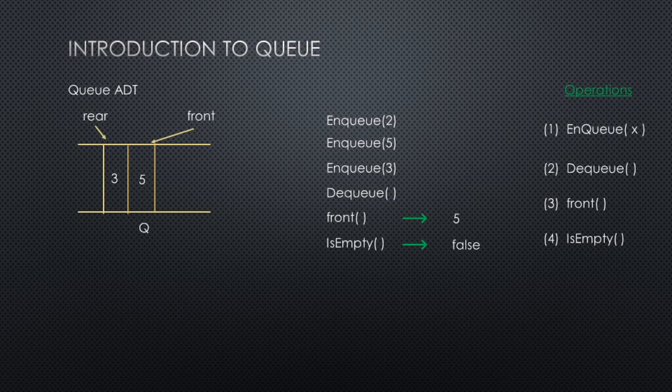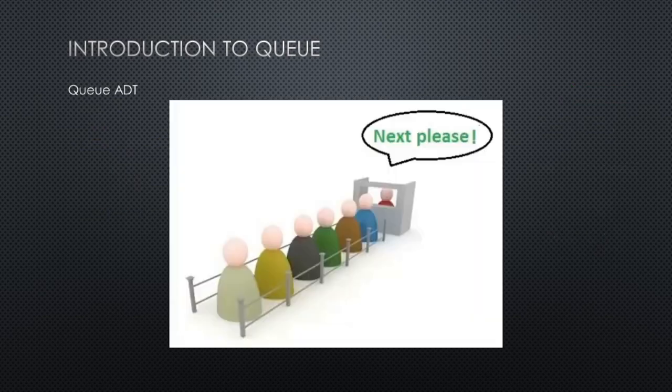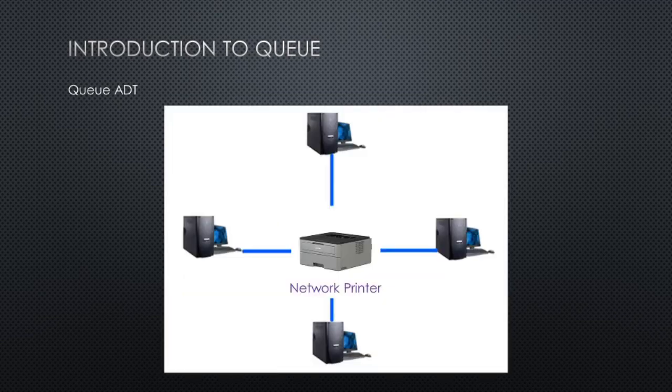Now, one obvious question can be, what are the real scenarios in which we can use queue? What are the use cases of queue? Queue is most often used in a scenario where there is a shared resource that is supposed to serve some requests, but the resource can handle only one request at a time. Let's say we have a printer shared in a network. Any machine on the network can send print requests to the printer. Printer can only serve one request at a time and print only one document at a time.